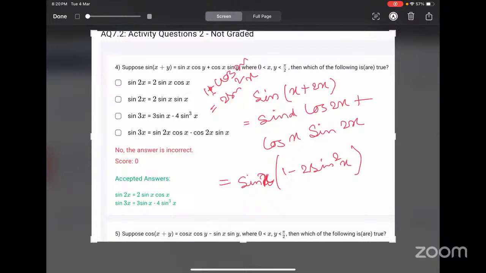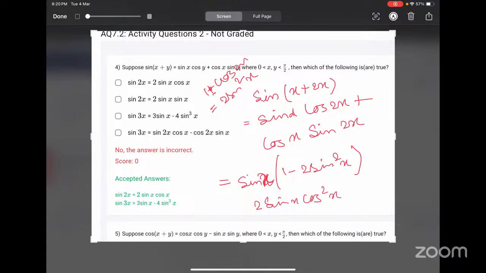Okay. Then what about cos x? What can we do with cos x? First of all, sin 2x we can express as 2 sin x cos x. Okay, then we will get 2 sin x cos square x, right? Okay.